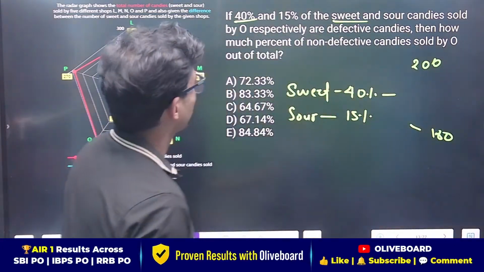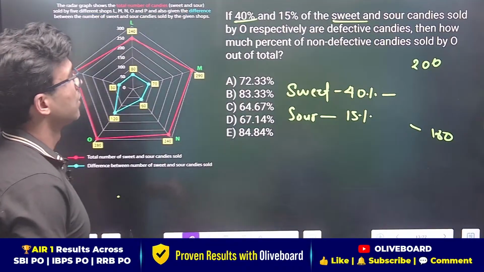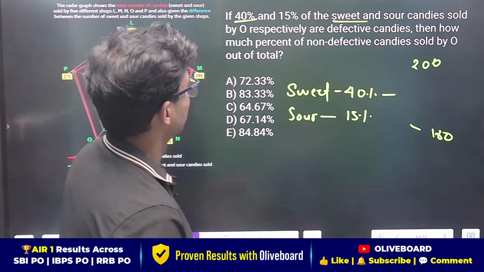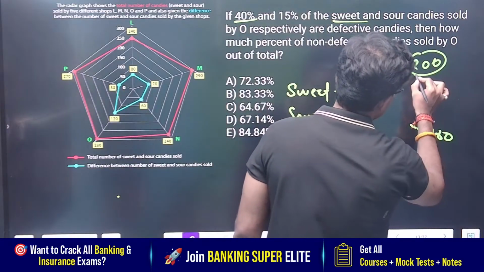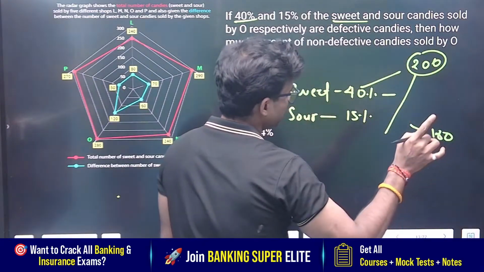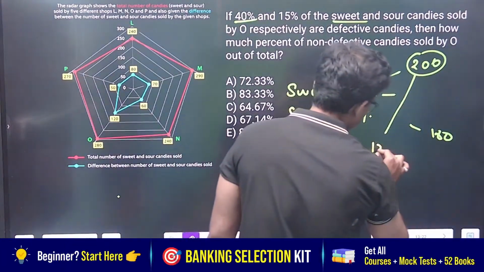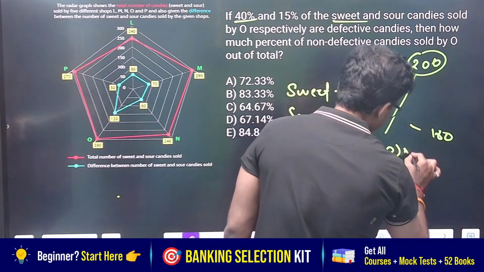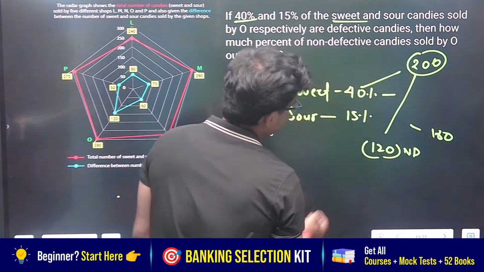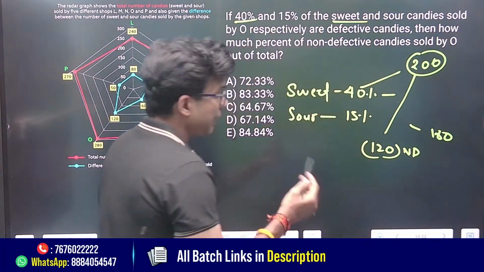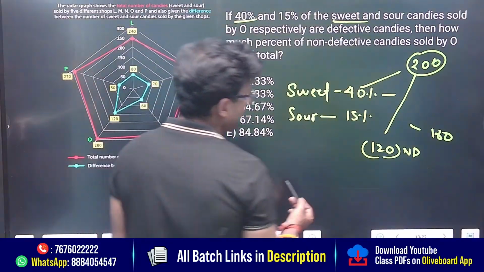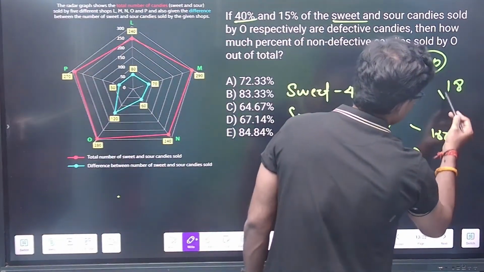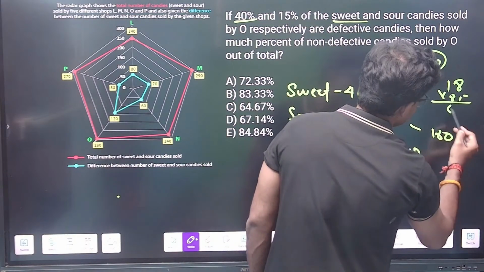Now let's have a look. Defective, non-defective. 40% are defective, then can I say 60% are non-defective, which is 120. Non-defective. 15% defective, then 85% non-defective. 180 into 85% is 180 into 85, which is 68.